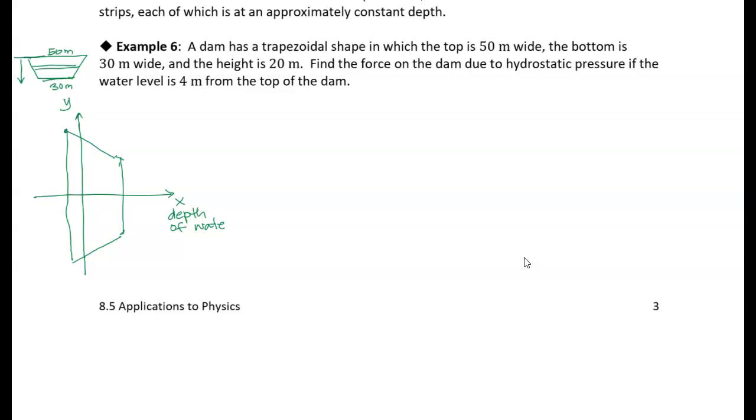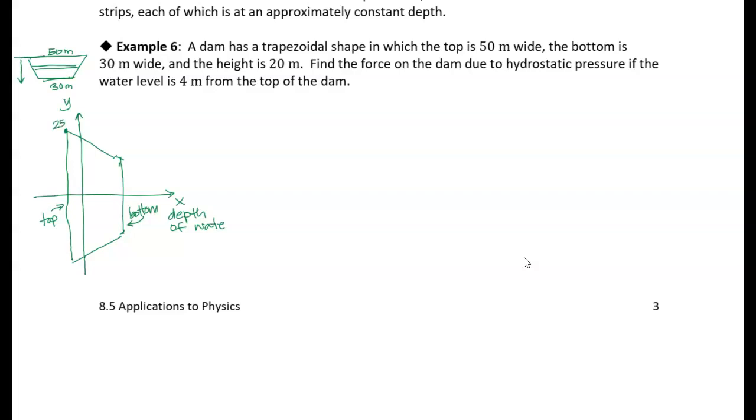The dam is 50 meters across the top. So this essentially represents the top here. The top is this, and here's the bottom. Okay, so if the distance across the top of the dam is 50 meters, and I've centered this on the x-axis, then this point here is 25 meters up.